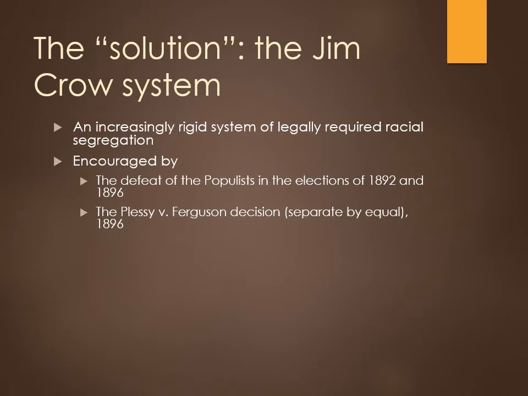Also, there was a very significant Supreme Court decision in 1896, Plessy versus Ferguson, and it enshrined the idea of separate but equal. It was a decision over a Louisiana law that mandated segregated rail cars.